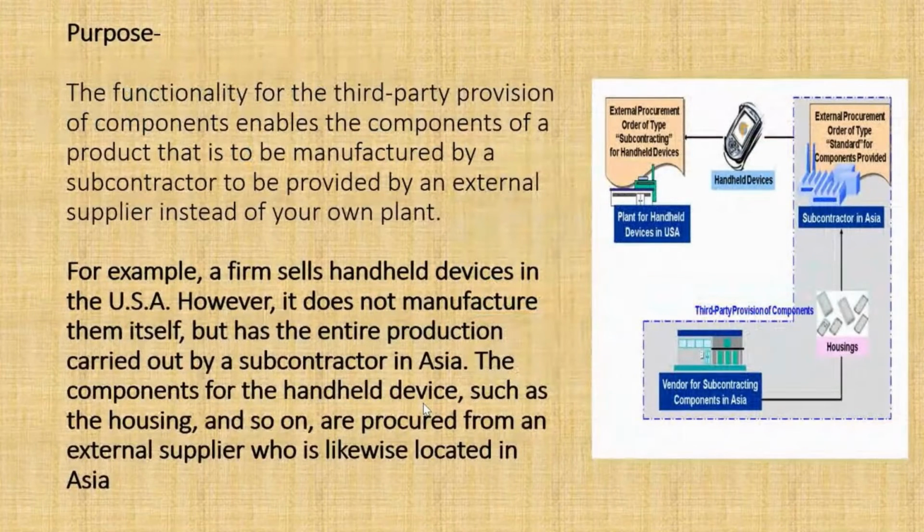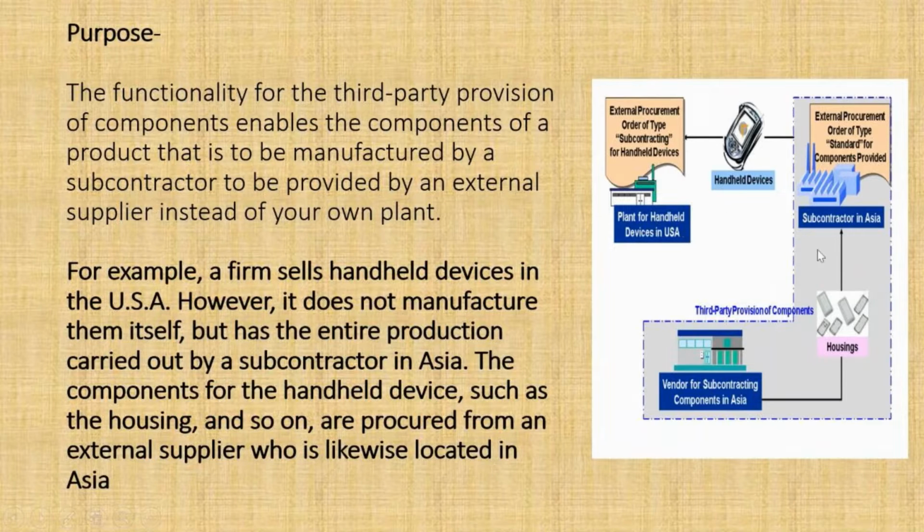So the purpose of this third-party provision of components is that it will enable the components of the product to be manufactured by the subcontractor, and the product which will be supplied to the subcontractor will also be external. So here you can see the example we have taken, like there is a plant which is manufacturing their handheld devices in the US.